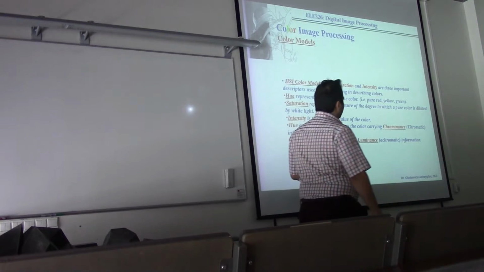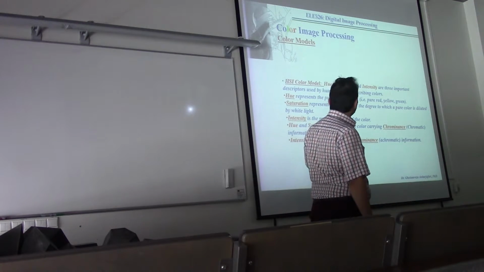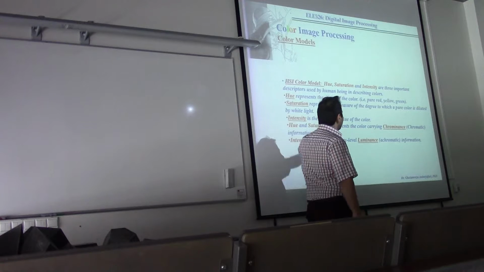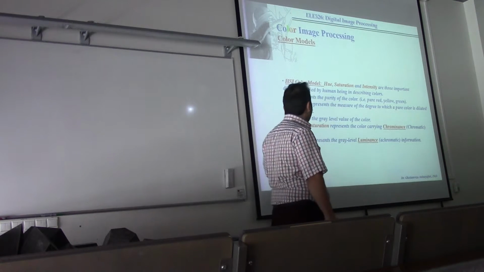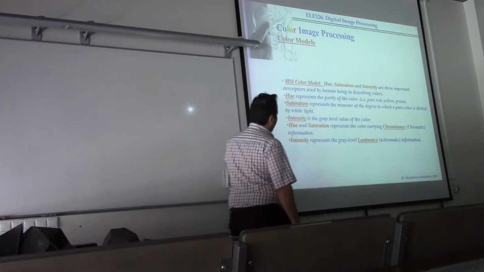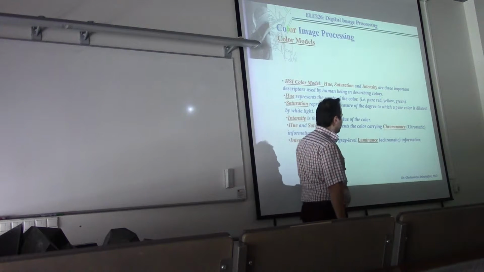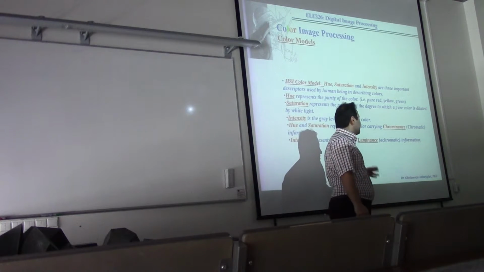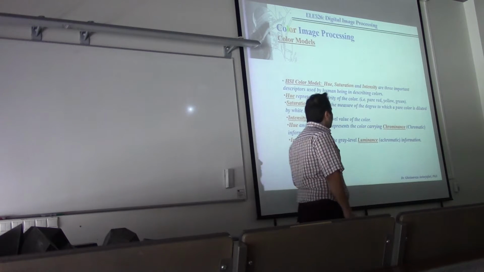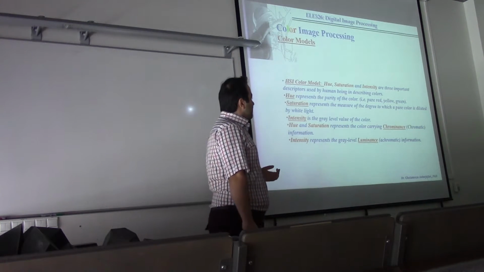We call it chrominance. These have the chrominance information, and intensity has the luminance information of the image.